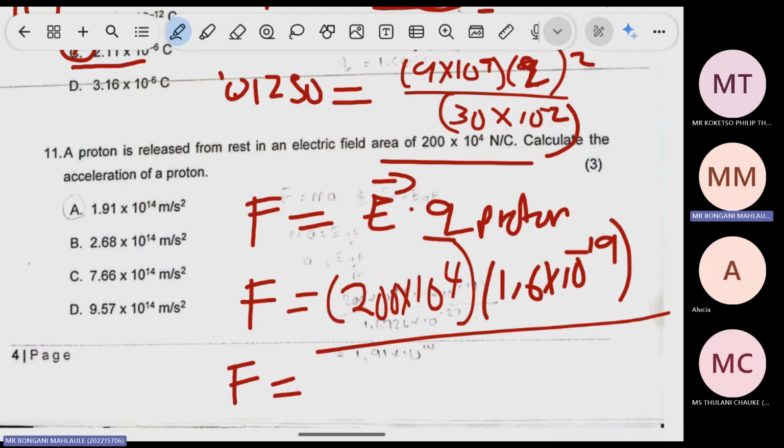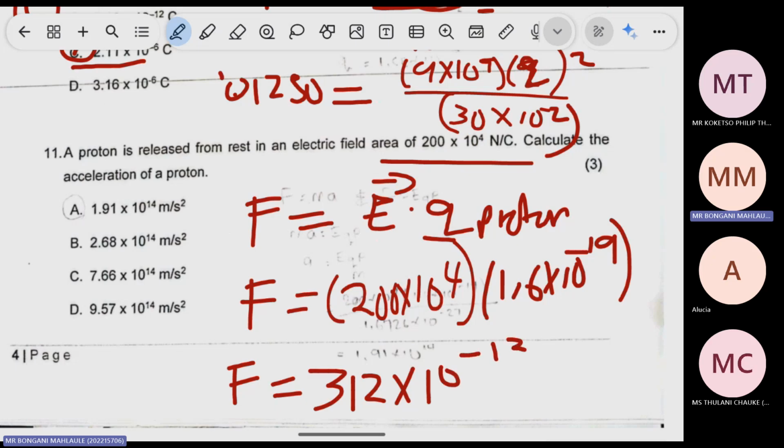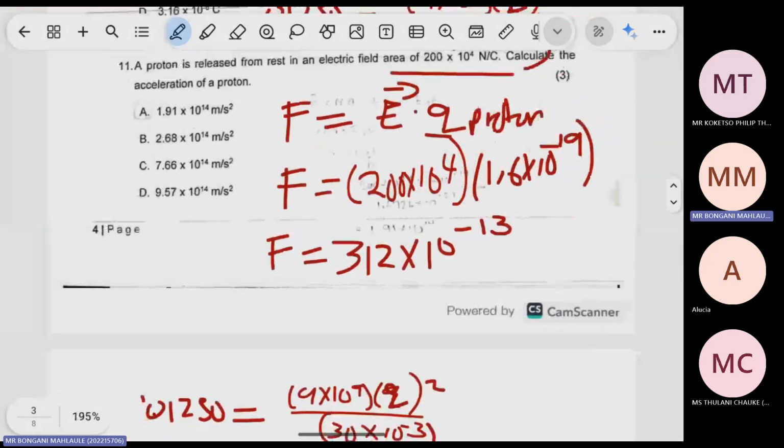The force will be 10 to exponent 4 times 1.6 times 10 to exponent -9. You'll get 3.2 times 10 to exponent -13. So this will be your force.